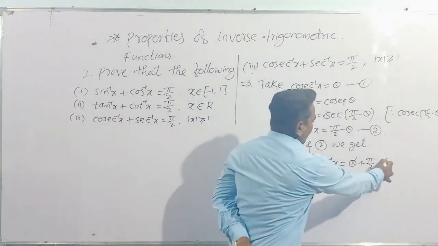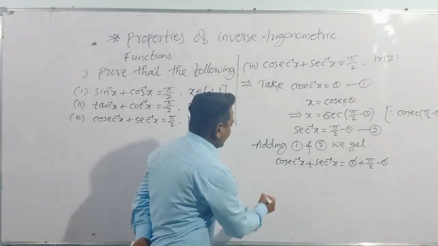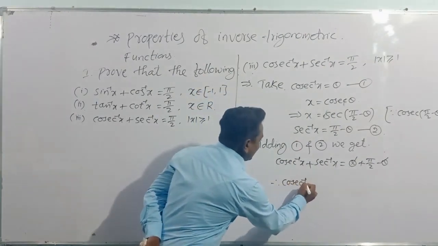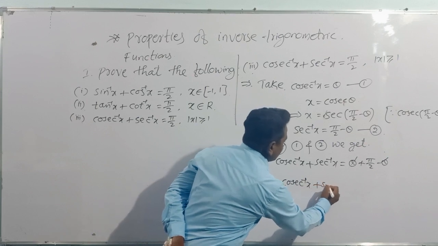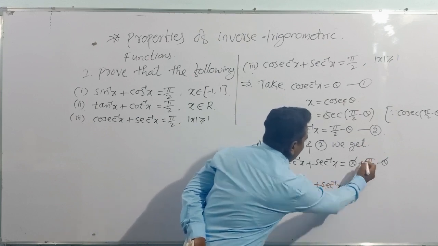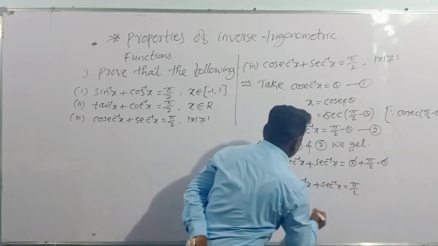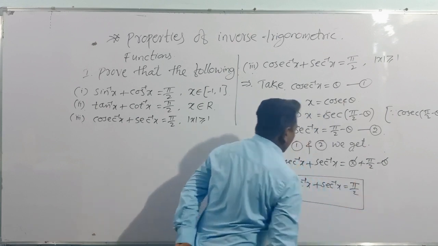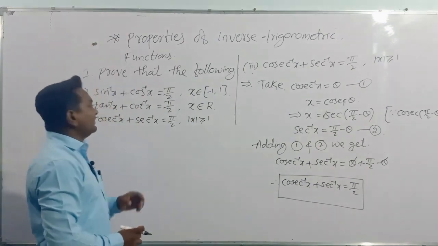Plus theta and minus theta get cancelled out. So write down the remaining term: cosec inverse x plus sec inverse x is equal to pi by 2. Hence the proof of the third property.